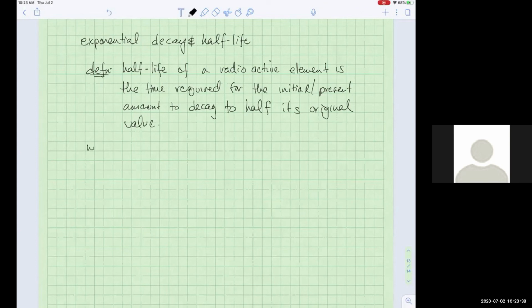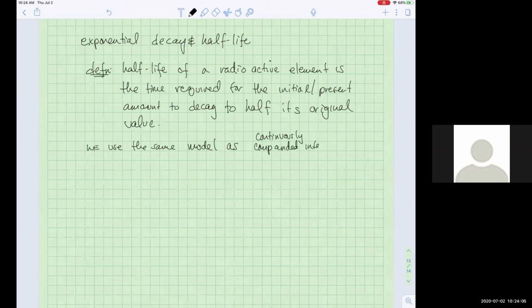So we will use the same model as the continuously compounded interest model. I cannot spell at all today.